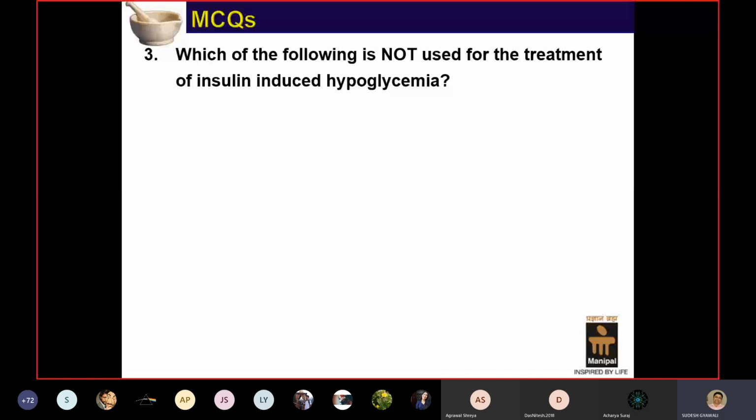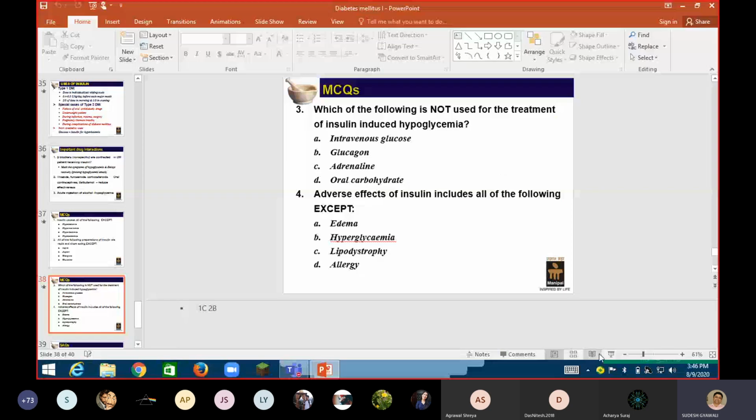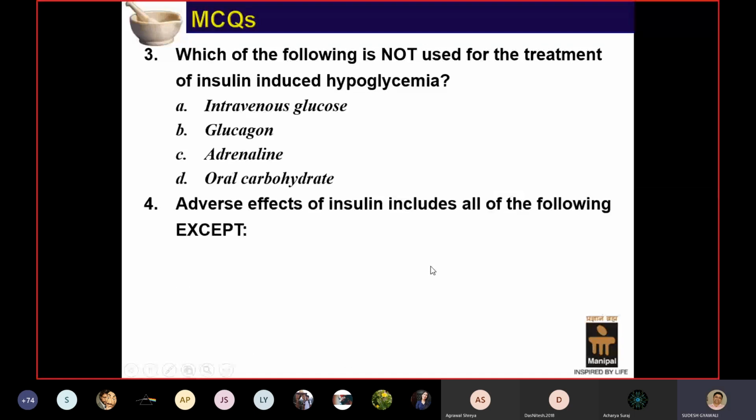Now who is there? The other one. Sahamat Ahmad. Are you there? Sahamat. Yes, sir. What is the correct answer of MCQ question number 3? Which of the following is not used for the treatment of insulin-induced hypoglycemia?